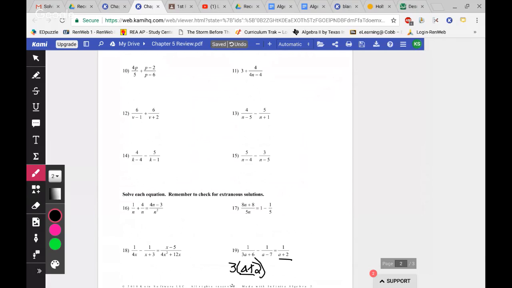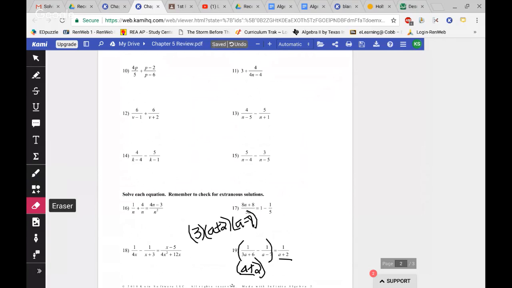But what that also tells me is that my common denominator, which I will multiply each side by, is going to include a 3, an a plus 2, and an a minus 7. So all 3 factors on each side will be represented. Okay.